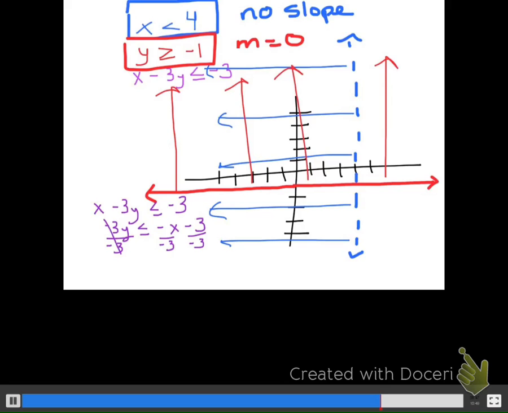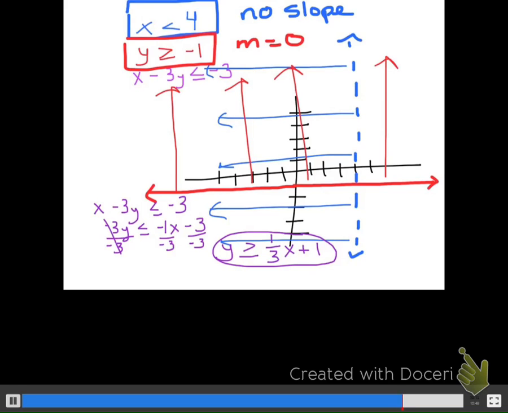And if you remember from previous math courses, whenever you divide or multiply by a negative number, your inequality sign flips over. So this problem becomes y greater than or equal to, notice we have a negative 1 divided by a negative 3, so that becomes a positive 1/3 x, and then a negative 3 divided by a negative 3 is a plus 1.